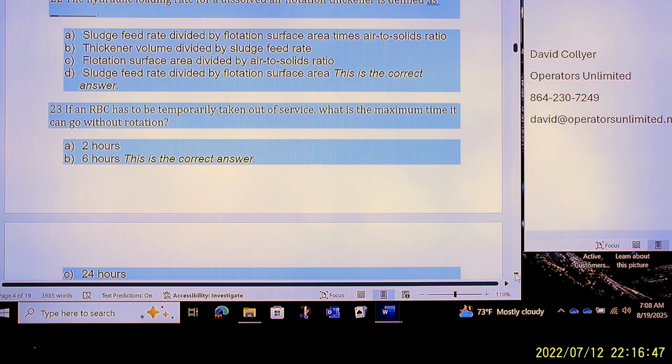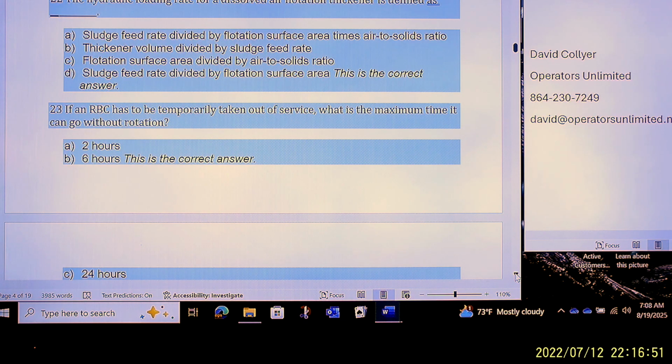Number 22. The hydraulic loading rate for a dissolved air flotation thickener is defined as A, sludge feed rate divided by flotation surface area times air to solids ratio.